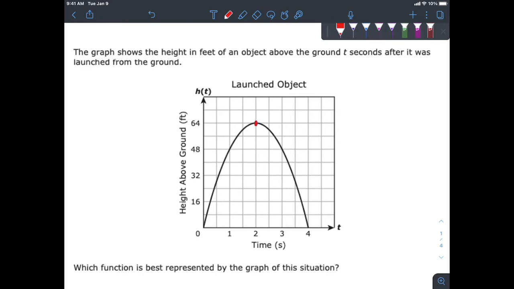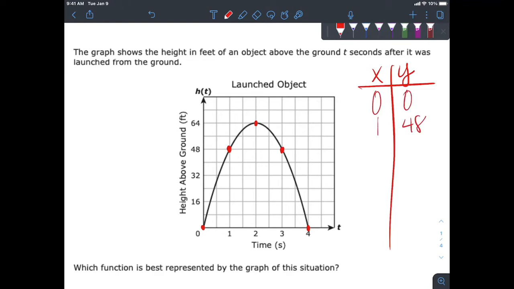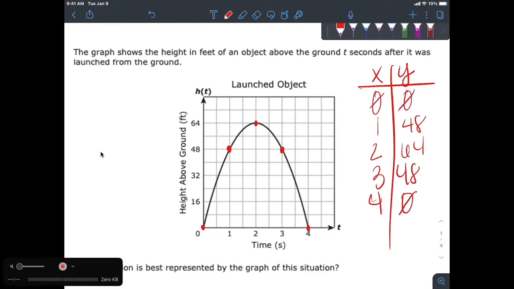So I'll find a few really good points, and I'll put them into a table. Remembering how these points should be mirrored, notice we have 0, 48, 64, 48, 0.